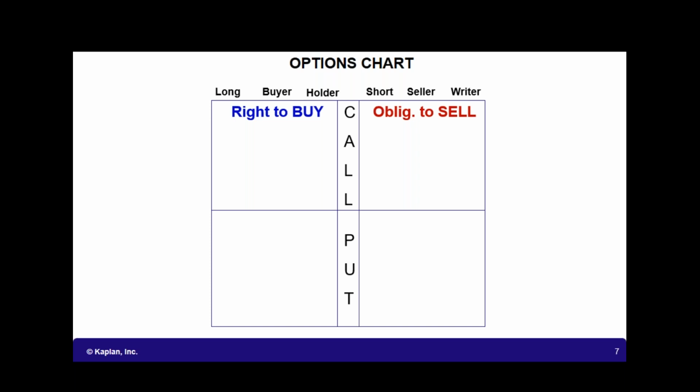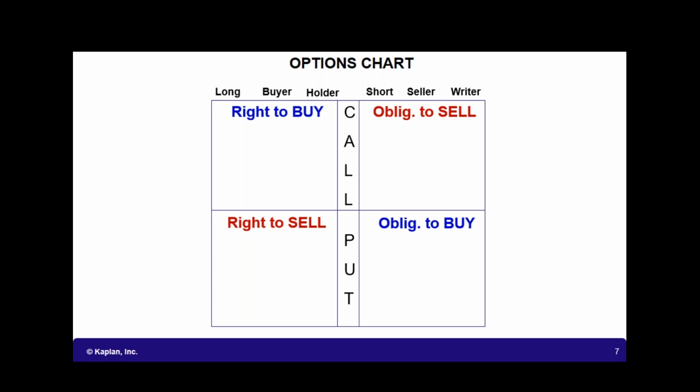If you buy a put, you still have the right, because remember, when you buy an option, you have the right to take action. But this time, the action we're going to take is to sell the underlying security. So buyers of puts have the right to sell. And who are they going to sell to?